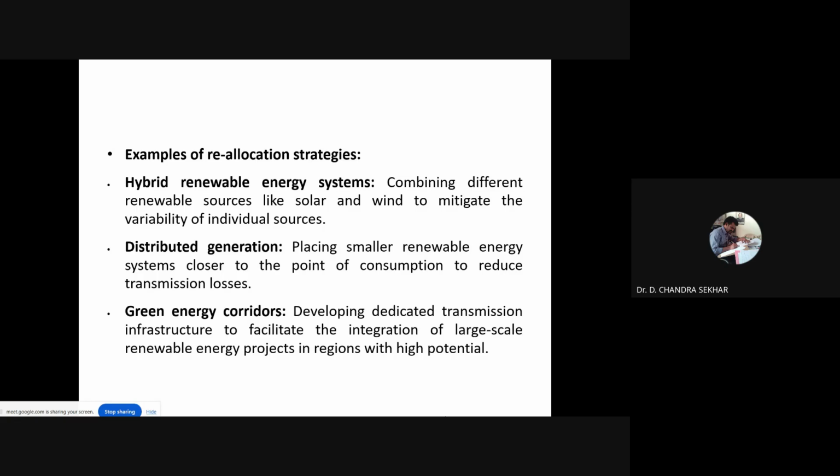The Power Grid Corporation of India Limited identified a few states: Tamil Nadu, Rajasthan, Karnataka, AP, Maharashtra, Gujarat, Himachal Pradesh and Madhya Pradesh as green energy corridors, to develop dedicated transmission infrastructure and to facilitate the integration of large-scale renewable energy projects in various regions with high capacity and high potential.